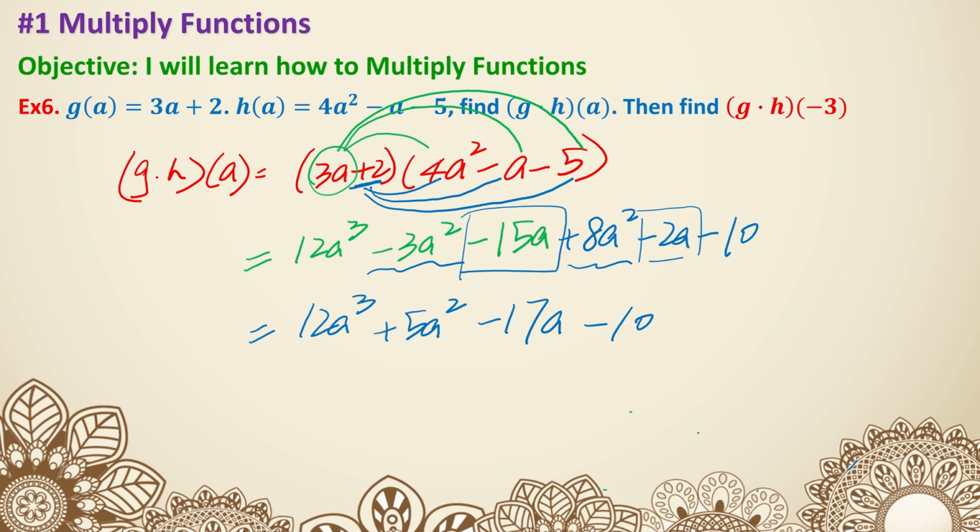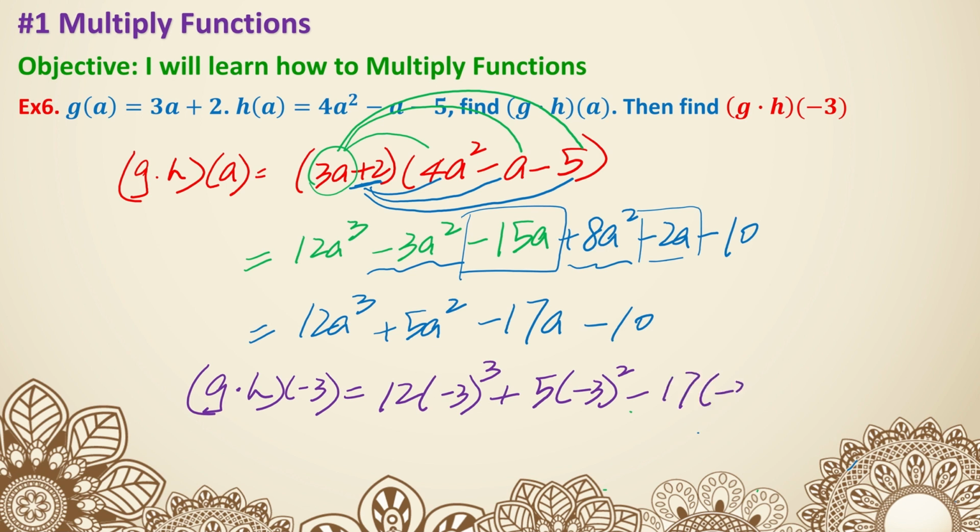Now it's time to plug in. G times h of negative 3. It's a 12 times negative 3 cubed plus 5 times negative 3 squared minus 17 times negative 3 minus 10. So the first one is going to be 12 times negative 27. That's going to be a negative 324.